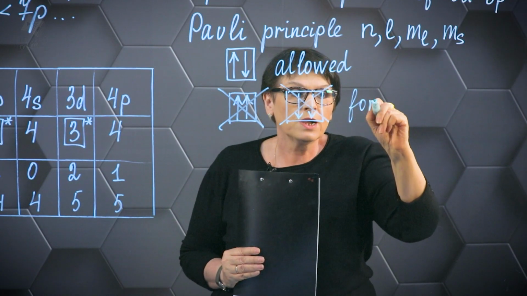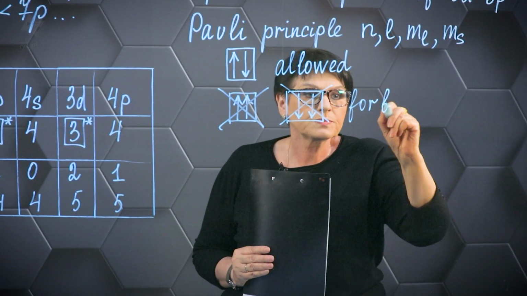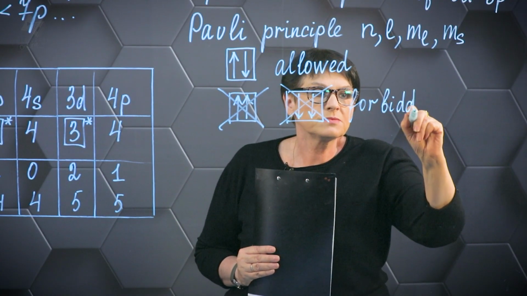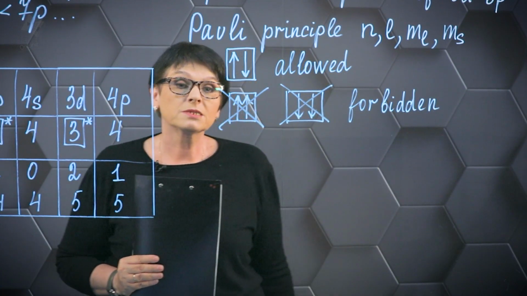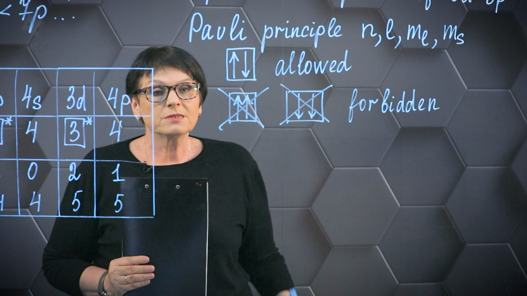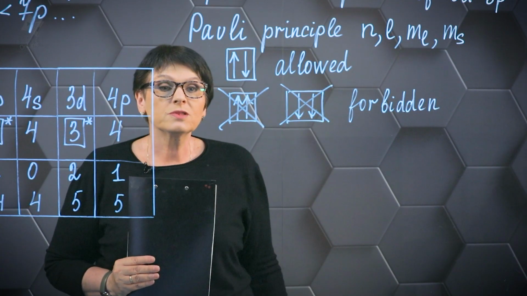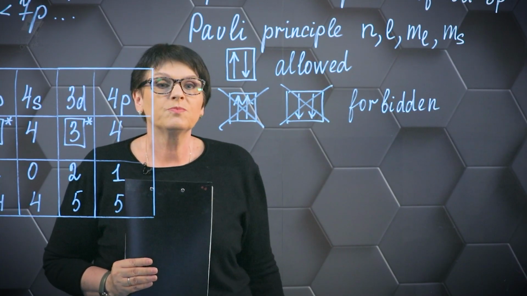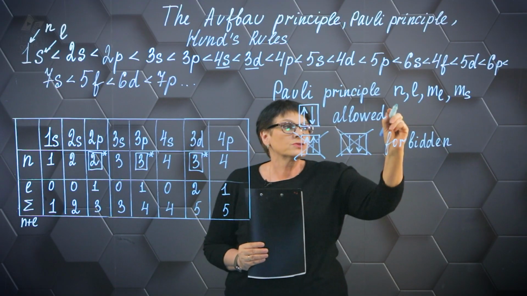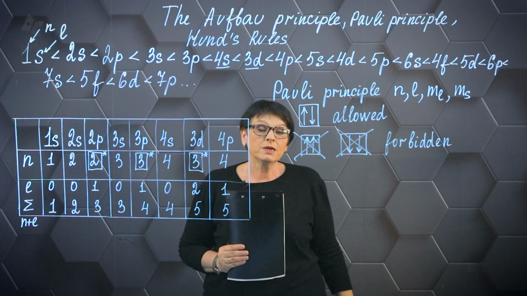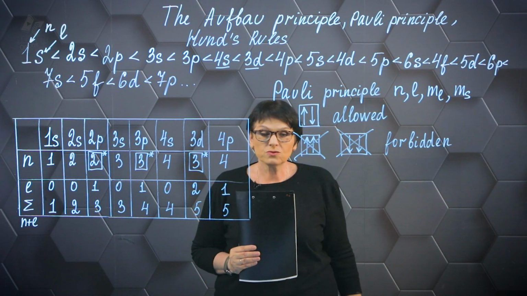It turns out that such a placement will be wrong, that is forbidden, that is why it is called Pauli's prohibition. Consequently, the distribution of electrons must be strictly according to the Pauli principle. And if we were to place the electrons like this, then the whole set of these numbers would be exactly the same.